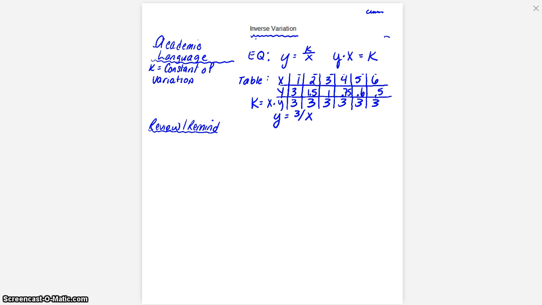Now let's look at a graph or a graphical model. This is what it's always going to look like, just like a dog is always going to look a certain way, or a person, or a pencil. This is always the way an inverse variation is going to look on a graph. So let me draw it out here.